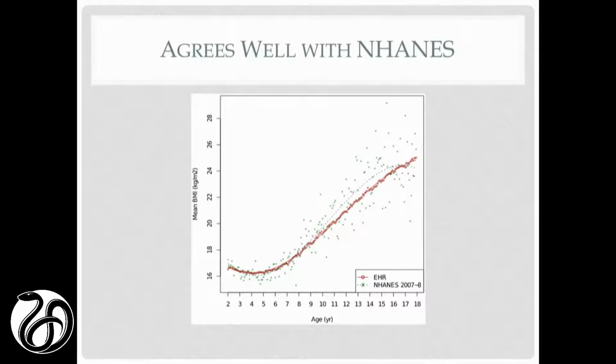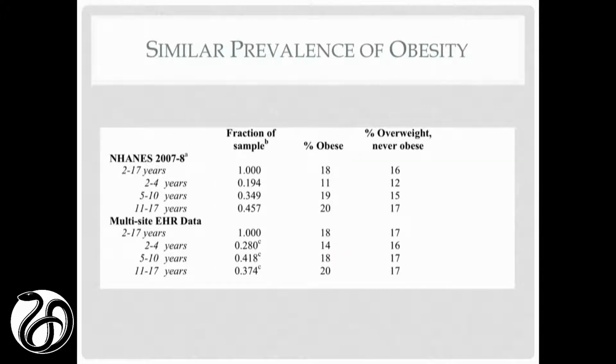As expected, we have much less hysteresis, particularly at older ages where our sample sizes are larger. If you look at the next slide as well, please, our estimates of prevalence of obesity in the population match the NHANES data very closely, and so give us some confidence that it's reasonable to use these types of data to measure obesity as an outcome in populations of children receiving both well-child and acute care.